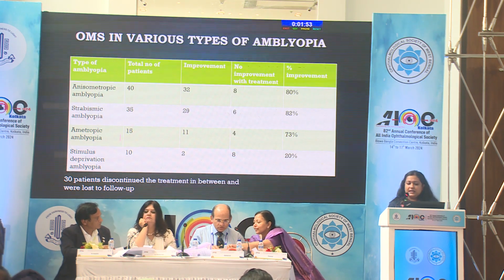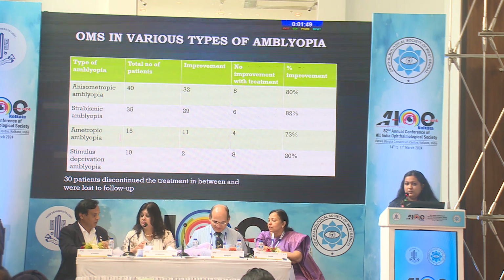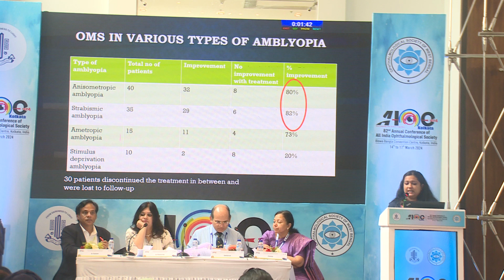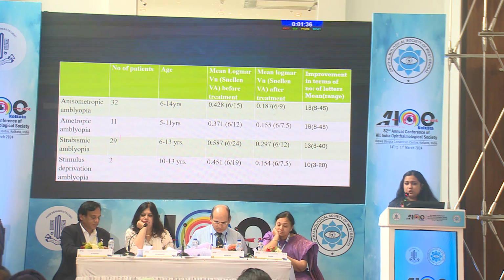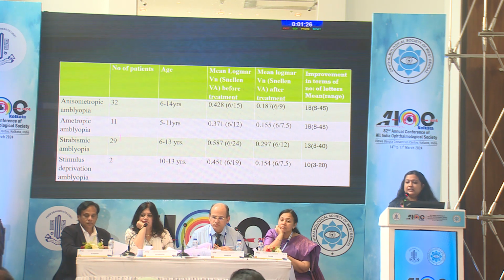From the chart, we can see that the majority of anisometropic, strabismic, and ametropic amblyopia patients showed an improvement of more than 73%, and there was more than 80% improvement in anisometropic and strabismic amblyopia patients. All of the patients who showed improvement had at least a two-line improvement in the logMAR chart, with a maximum of 15 letters in anisometropic and ametropic and 13 letters in strabismic amblyopia patients.